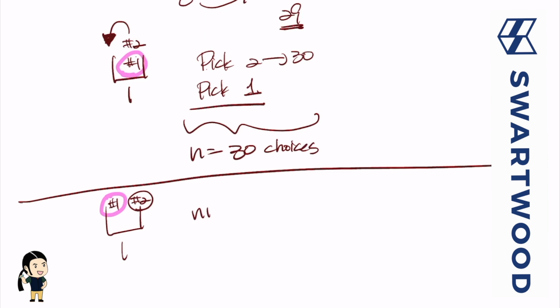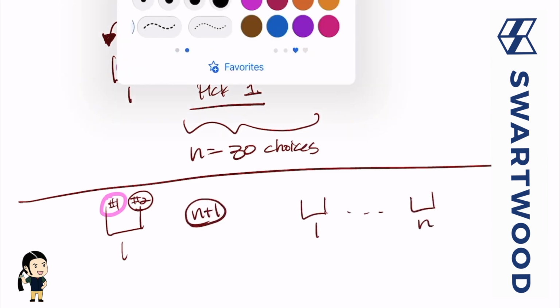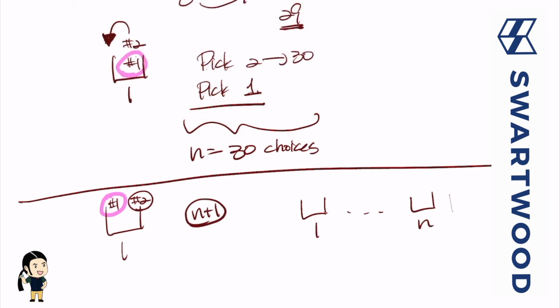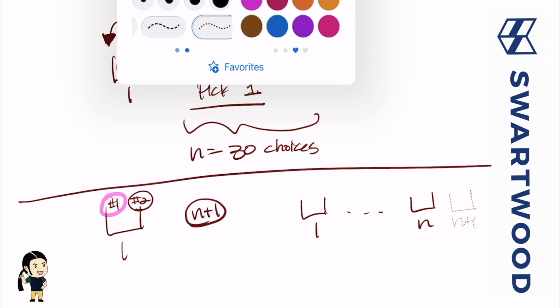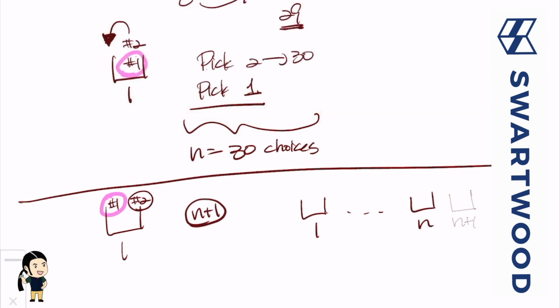Now, if you want to do that, you can visualize it by actually having boxes 1 through n, and then this kind of imaginary box, n plus 1. If you put ball number 2 in the n plus 1 box, what that really means is wherever ball 1 is, so in this case I think it was in box 1, right?